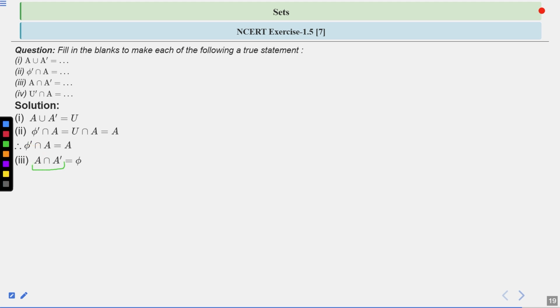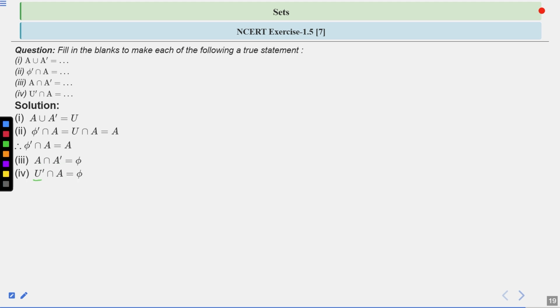But by the definition of A complement, in this set we collect elements which belong to the universal set and which do not belong to the set A. So we are not going to get any common elements from both the sets, so the intersection is empty. Both sets are disjoint.